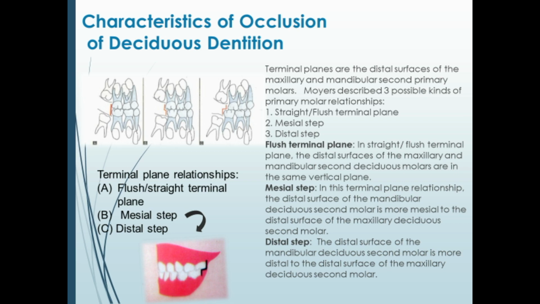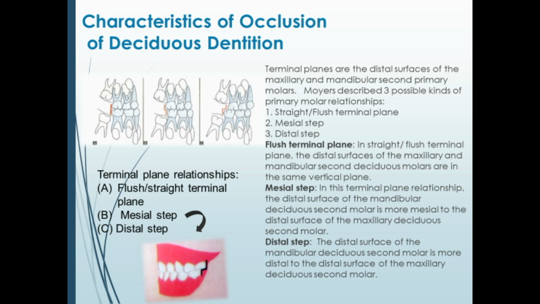Thus, the terminal plane relationship of primary dentition largely determines the type of molar relationship in the permanent dentition. Morse described three possible kinds of primary molar relationships: straight flush terminal plane, mesial step, distal step.